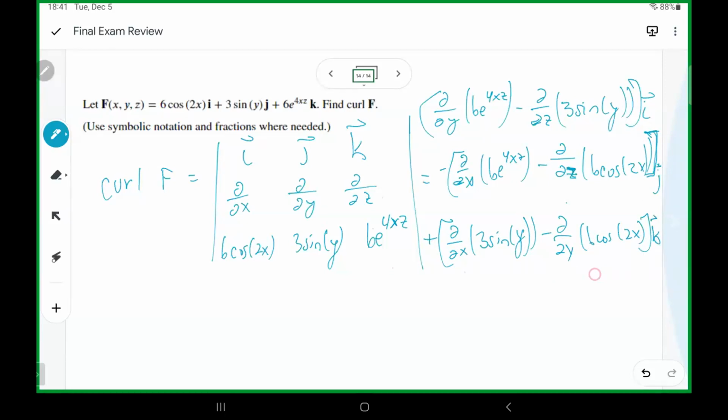All right, so if you work all of that out, you're going to end up with negative 24 z e to the 4x z j. But I want to write it nicer. All right, negative 24 e, nope, z.